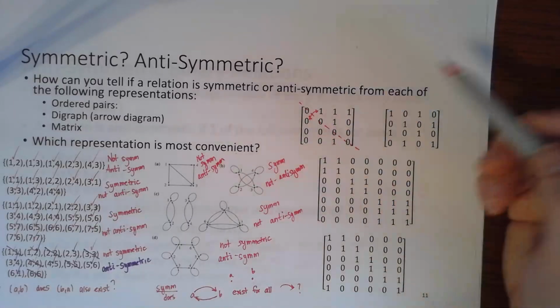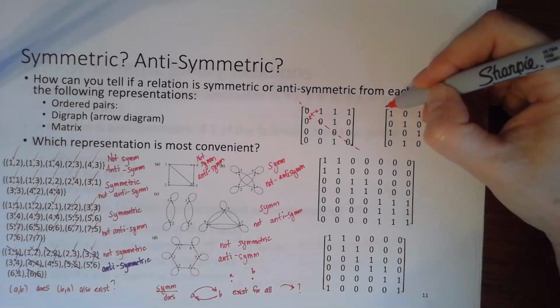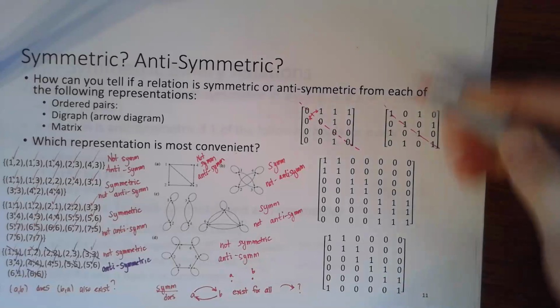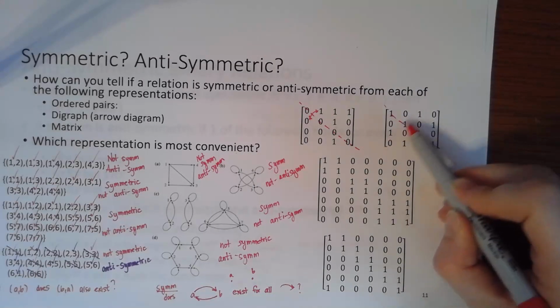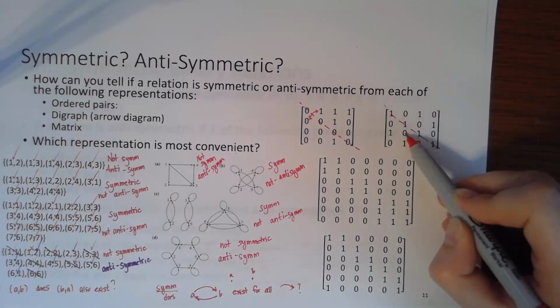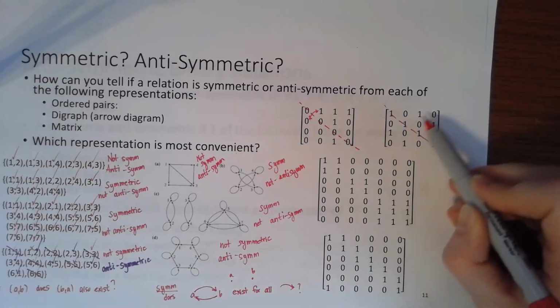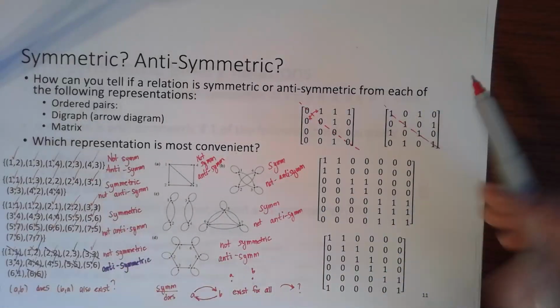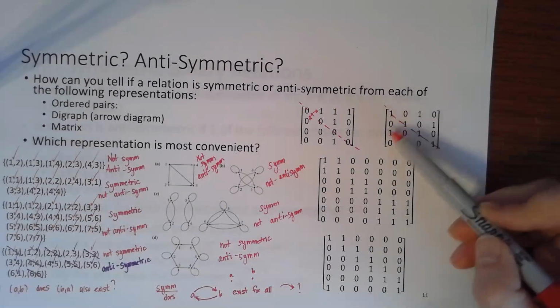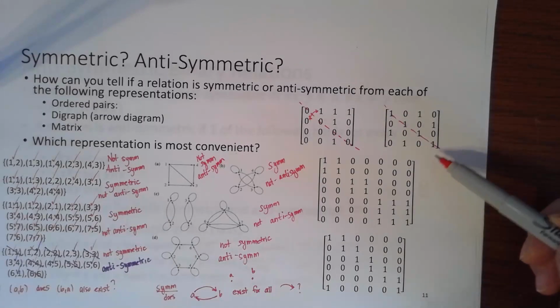And if I had a situation like this one, where I look across, there's a 0 here and a 0 here, a 1 here and a 1 here, this 0 would fall on top of that 0, and this 0 would fall on top of that 0. If I fold over the diagonal and the sides always match, then it's symmetric.